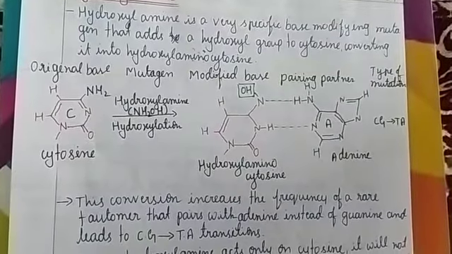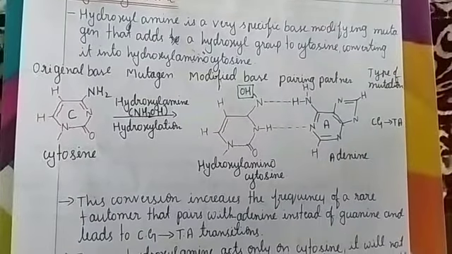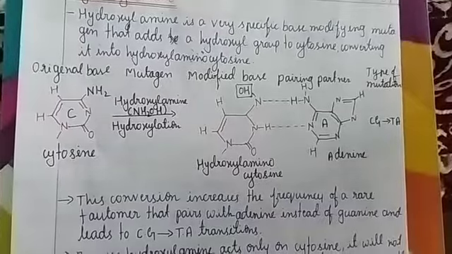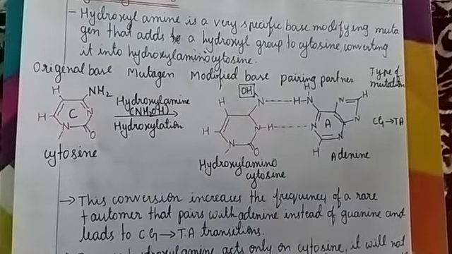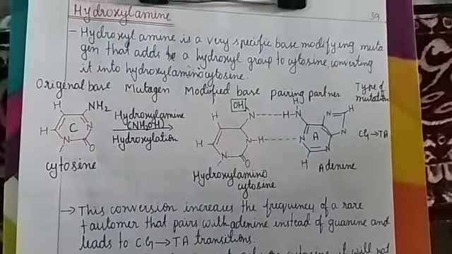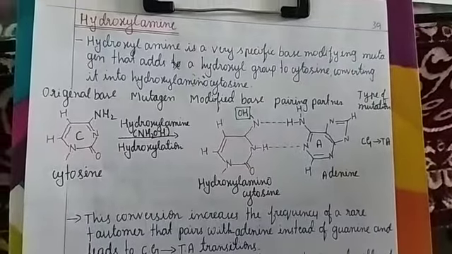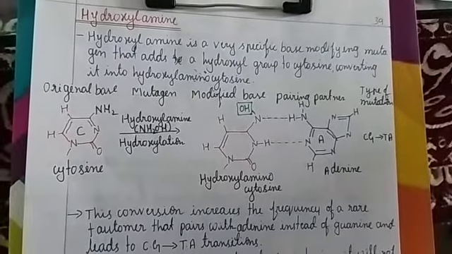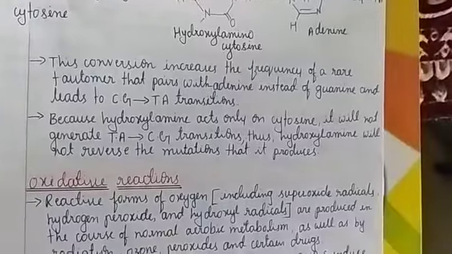and forms hydroxylaminocytosine, which pairs with adenine and brings about the transition mutation of cytosine-guanine to thymine-adenine. This conversion increases the frequency of a rare tautomer that pairs with adenine instead of guanine and leads to the cytosine-guanine to thymine-adenine transition.